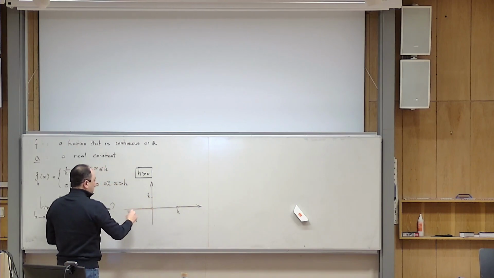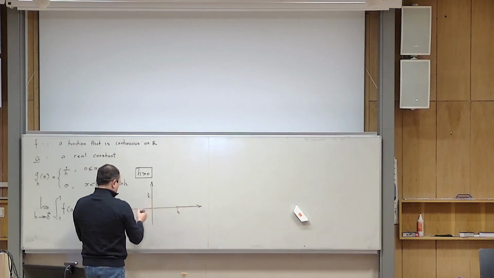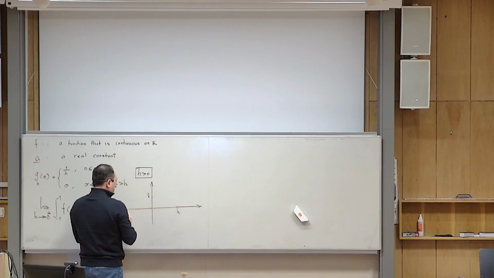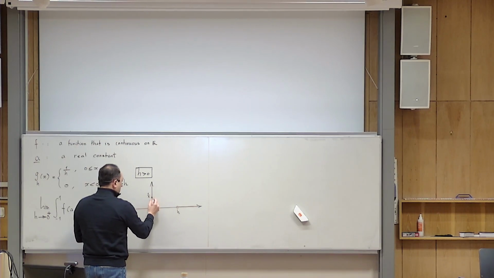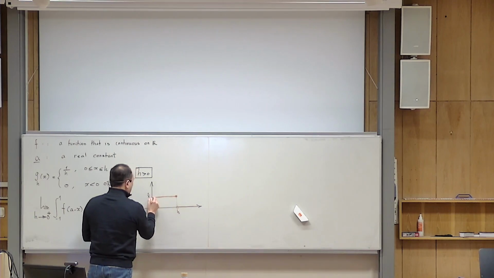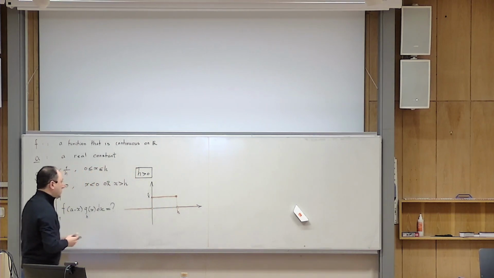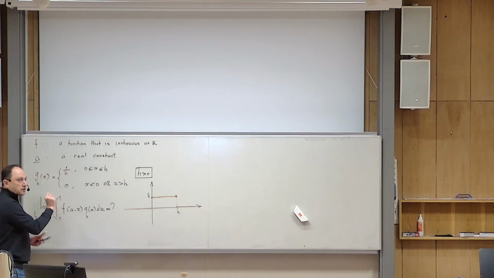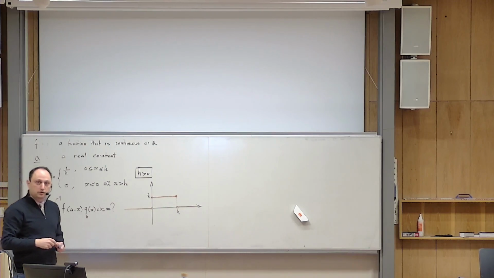And then between these two points, so it is like this. So here, it's also a constant function, but at the height of 1 over h. So let us just put these dotted lines for guidance. So this orange, whatever you see in orange, is the graph of this function for a specific choice of positive h.